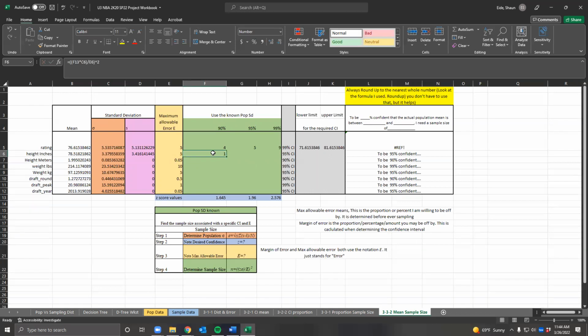Just making sure that I'm doing this correctly. Z-score multiplied by the standard deviation.